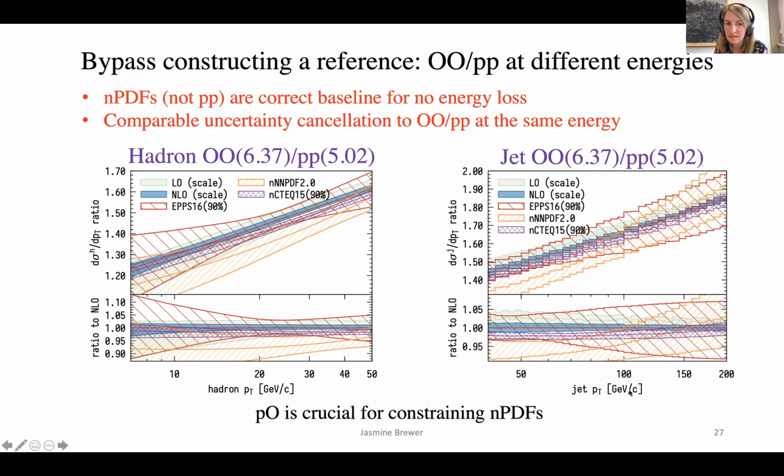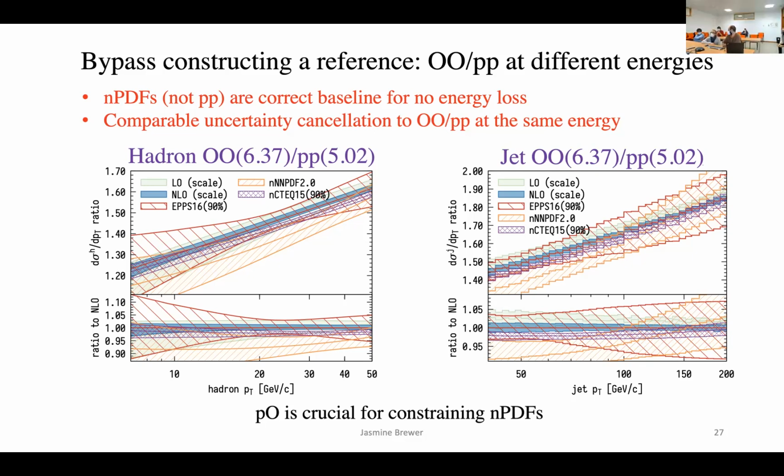I guess, at least for us, it seems clear from these plots that maximizing the utility of the proton-oxygen run for constraining the nuclear PDFs is also quite an important issue for hopefully measuring some energy loss effects in oxygen.